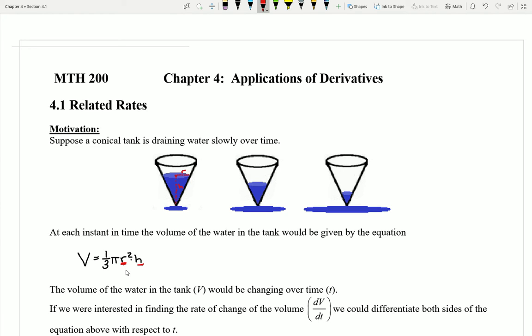We're not talking about the volume of the tank, we're talking about the volume of the water within the tank. So at any instant in time, if this was a movie that was playing, I could pause it at a particular moment. I could easily measure the amount of water in the tank by just measuring these two particular things, the R, the radius of this water, and the height or the depth of the water.